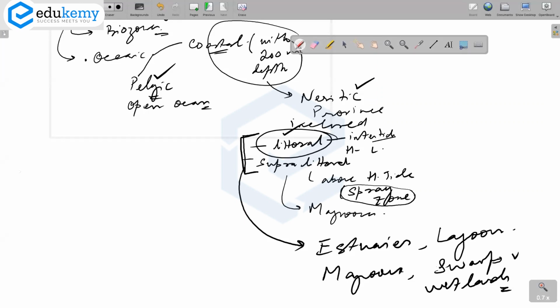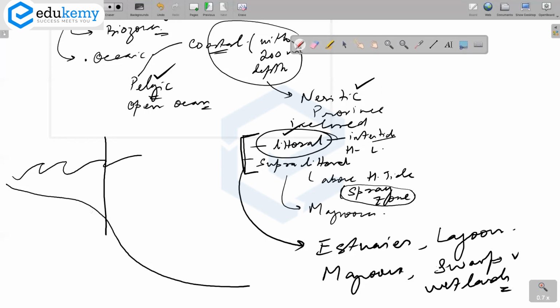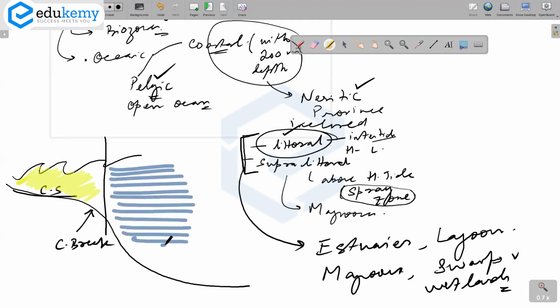If this is your ocean, this is the continental break, this is the shelf. This part is neritic, whereas this other part is pelagic.